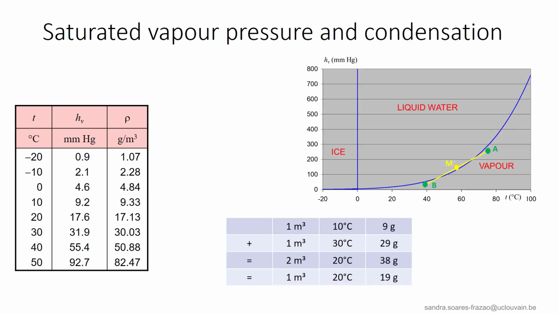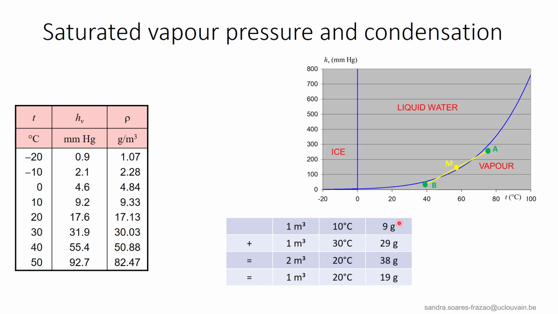Let's illustrate this by means of an example. Consider that we mix 1 cubic meter of gas at 10 degrees here, containing 9 grams of water, with 1 cubic meter of gas at 30 degrees, containing 29 grams of water.